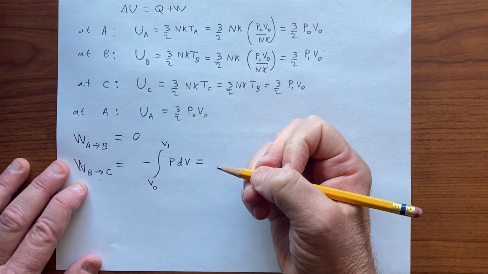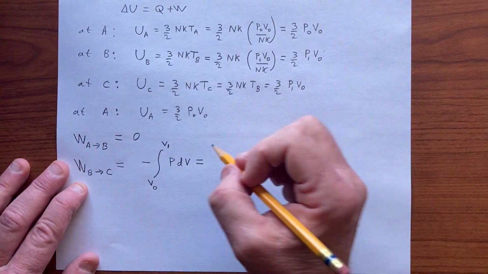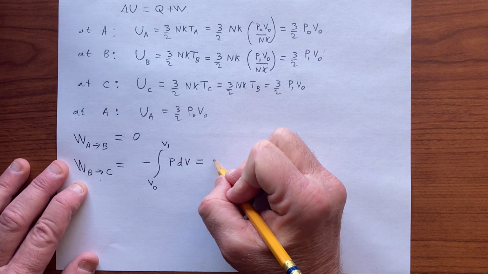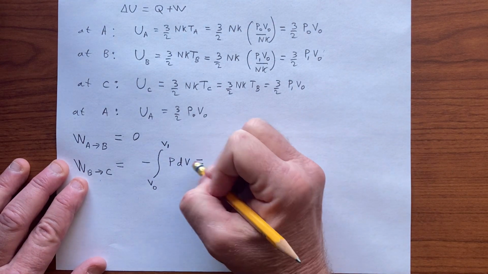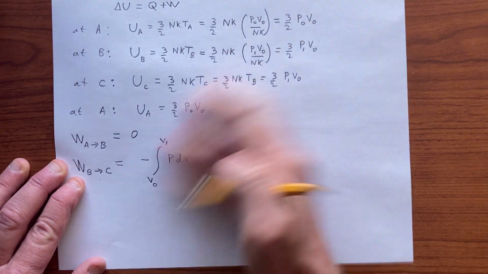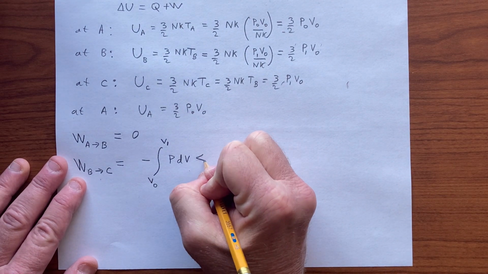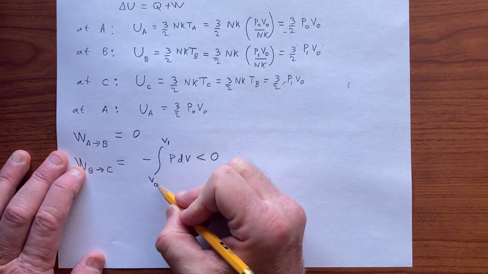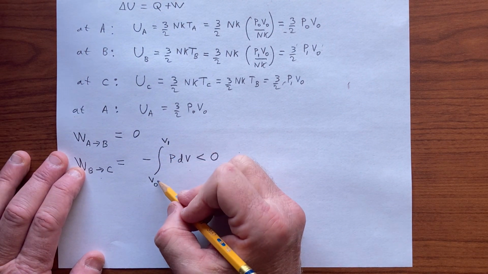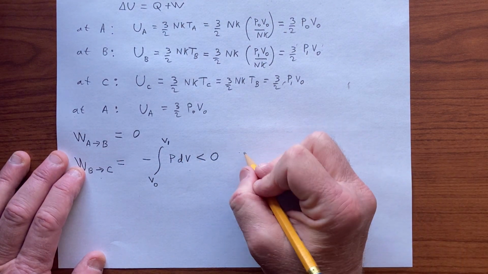And this is NK. Well, let's evaluate this. We'll evaluate this in a moment, but let's point out that this quantity is, of course, negative because the P is always positive, and we've written it so that the volume goes from a smaller value to a higher value. So we're dealing with expansion.